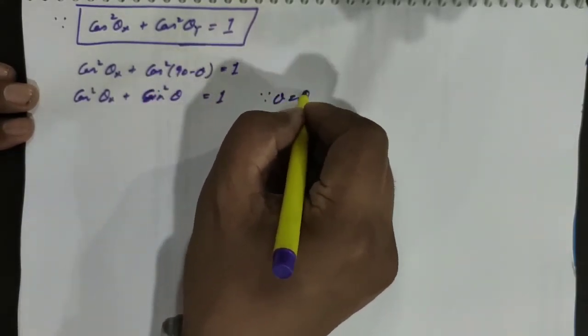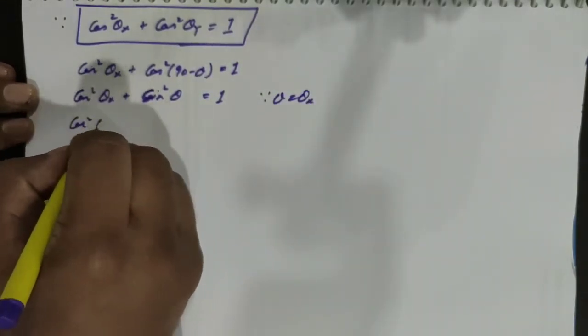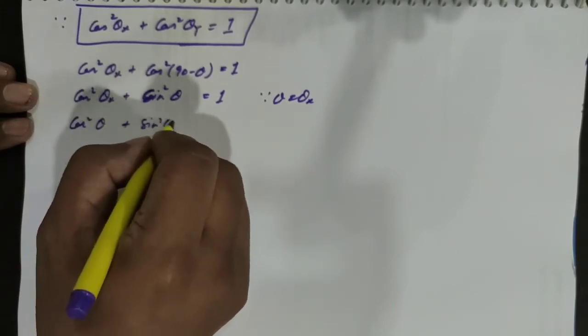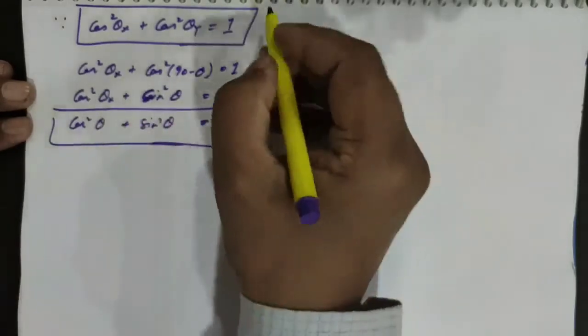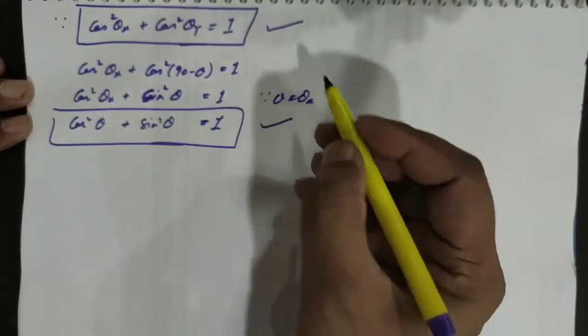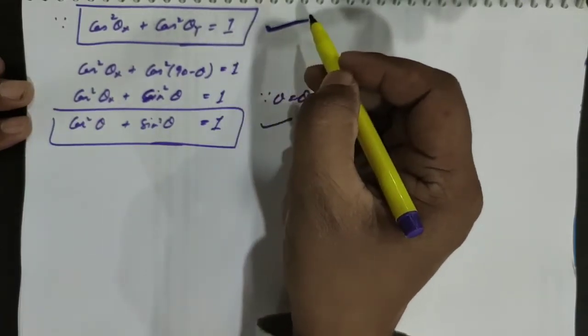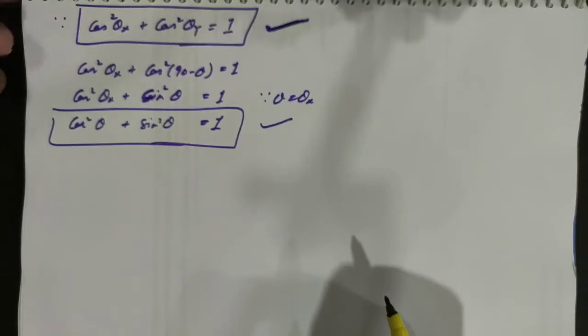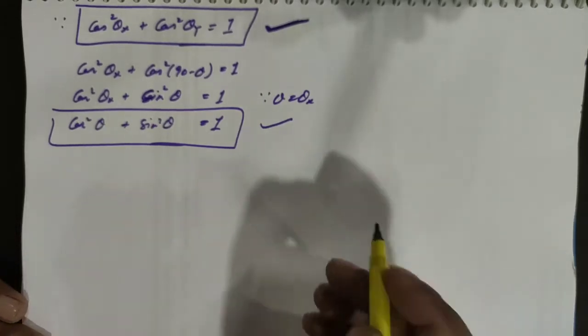Since theta was equal to theta x, we put cos squared theta plus sin squared theta is equal to 1. Hence we can use either form. Such things we generally use in mechanics of solids, and also in mechanics. Let's take some examples.